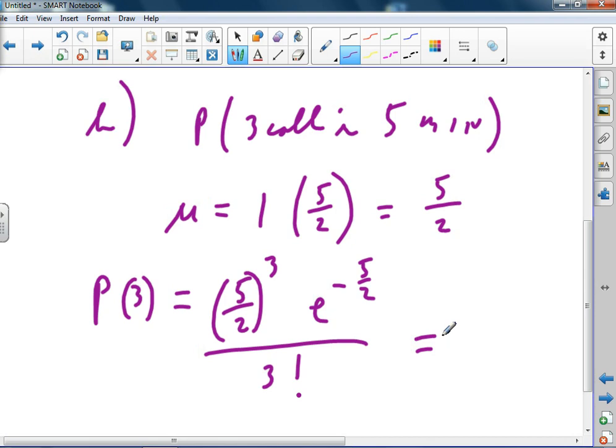Parentheses, 5 halves raised to the 3rd, times e raised to the minus 5 over 2, divided by 3 factorial.